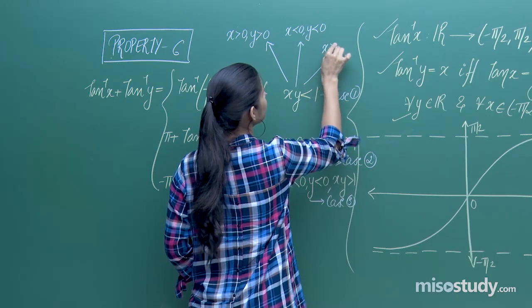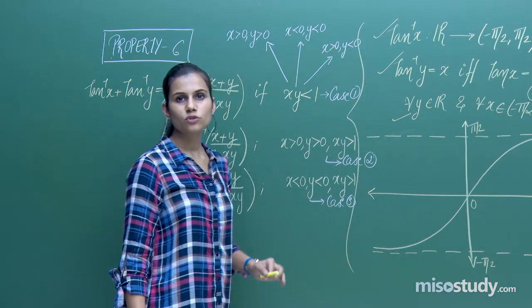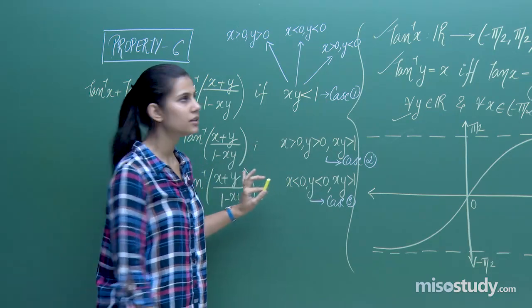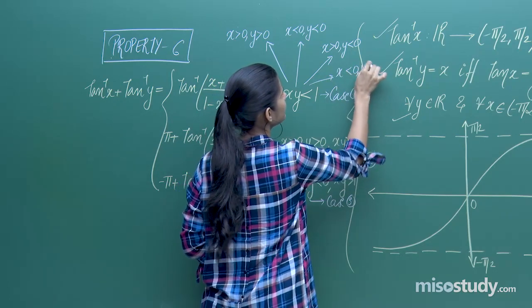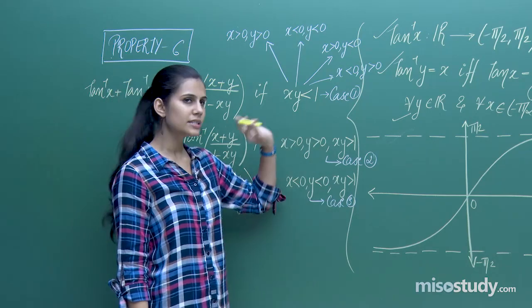Or it can be x is positive, y is negative, in which case x into y is negative. The moment it is negative, it is less than 0, so automatically it is less than 1. Or the next is x is less than 0 and y is greater than 0, in which case again x into y is negative. The moment it is less than 0, it is less than 1.